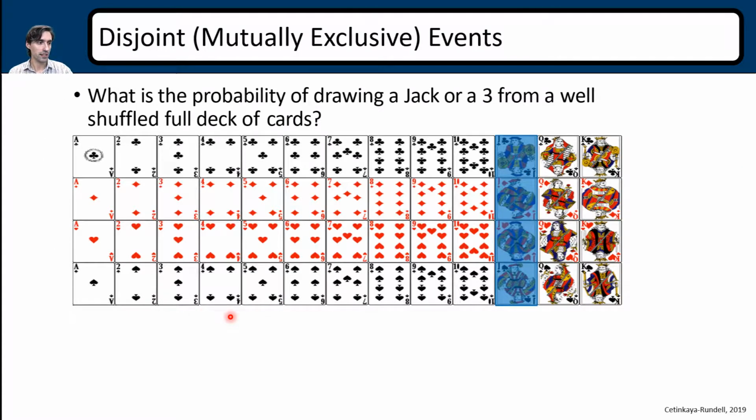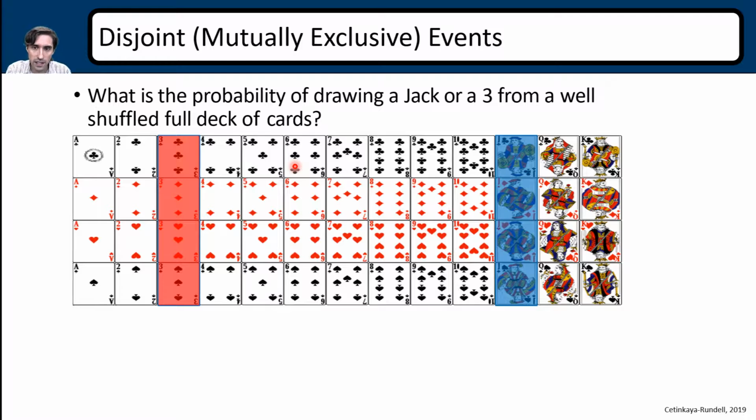So, as an example, what is the probability of drawing a jack or a 3 from a well-shuffled deck of cards? Well, we know that this is 4 divided by 52, right? And this is 4 divided by 52. Well, what would we have to do? Subtract something? Do we need to add something?